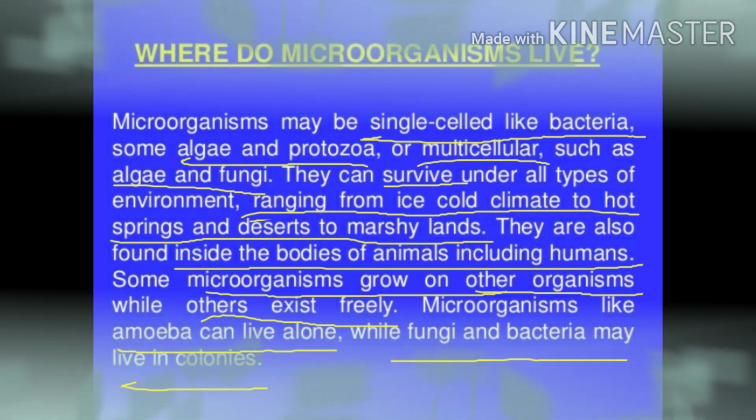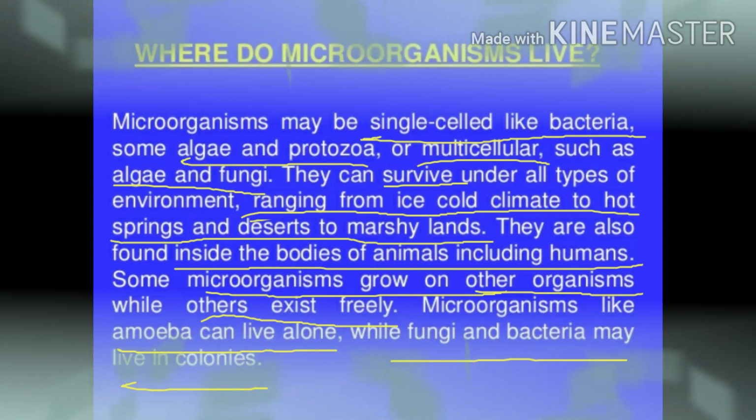They can survive under all types of environment, ranging from ice cold climate to hot spring and desert to marshy land. Here marshy land is nothing but wet land. They are also found inside the bodies of animals including humans. Some microorganisms grow on other microorganisms while others exist freely.